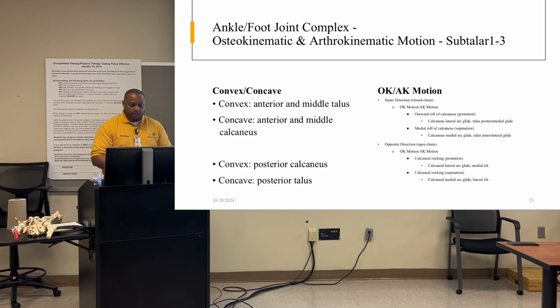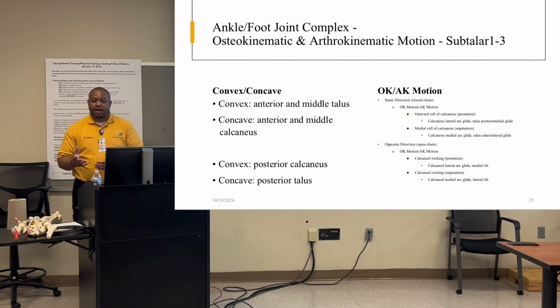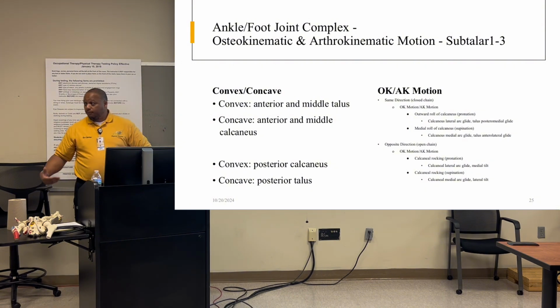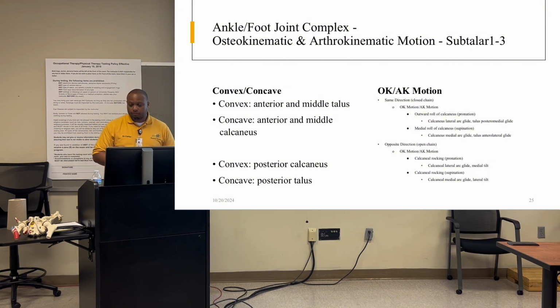All right. Now, if you have concave moving on convex, then we know our osteokinematic motion is going to be in the same direction. So typically, at the subtalar joint, when we're in the closed chain position, when our foot is fixed on the ground in a closed chain position, our osteokinematic motion and arthrokinematic motion is going to be in the same direction.